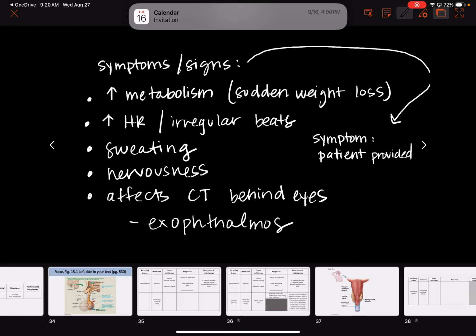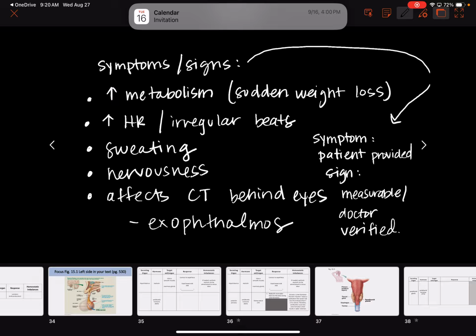Those are things that only the patient can provide, versus a sign. A sign is something that's measurable and can be verified by a doctor or clinician, a medical professional. Everyone okay with that difference?